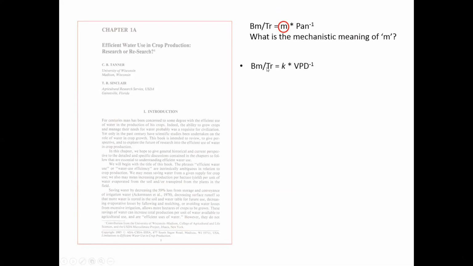Water use efficiency is equal to this value K divided by the vapor pressure deficit. So they looked at K and broke this K value down into several different components, and I want to run through those briefly. The A coefficient here is the molecular weight ratio of going from carbohydrate to CO2.